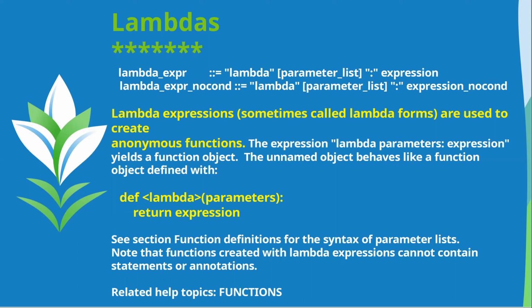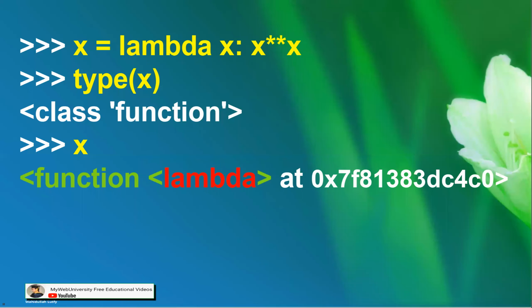Usually you write a small function to just do some computation and you return some result, as a memory saver on some calls that you do. As an example here, I'm defining x equal to lambda x, and then return x to the power of x.